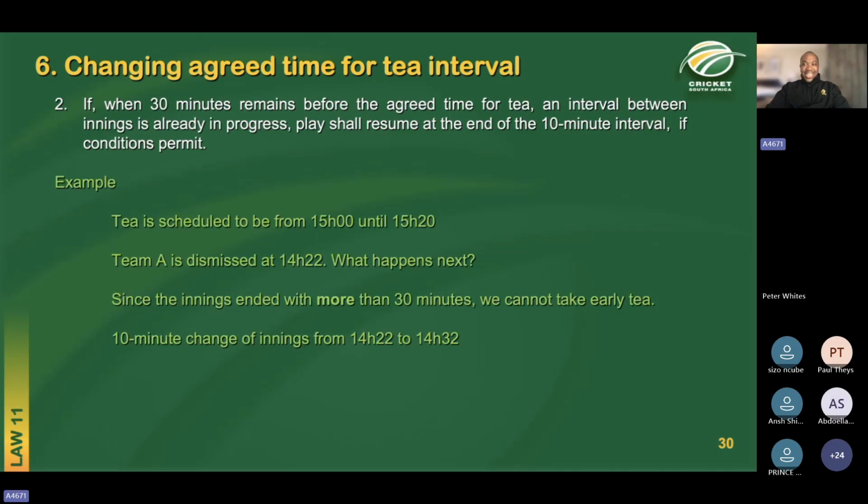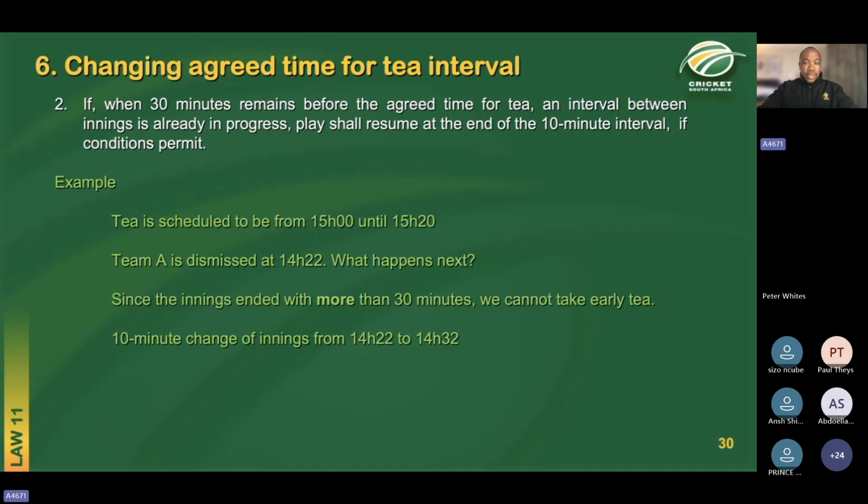So that is why for the exam, when you are reducing the number of overs remaining in a day because of a 10-minute changeover that is not included in a tea break or a lunch break, we deduct 3 overs from the overs remaining in the day.